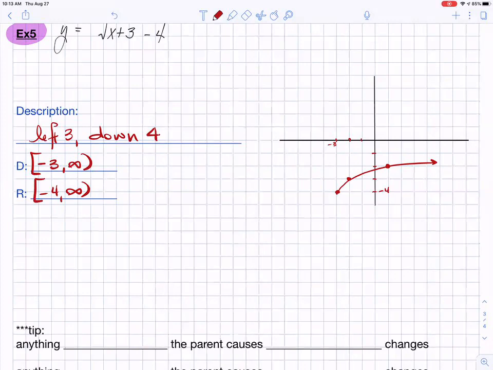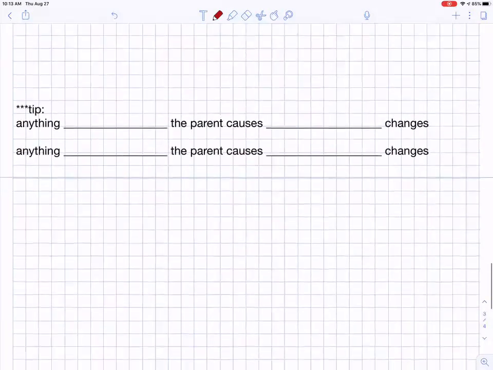All right. Here's a tip, and oh my word, this is such an important statement. Hang on, I got to remember what it says. It's so important.